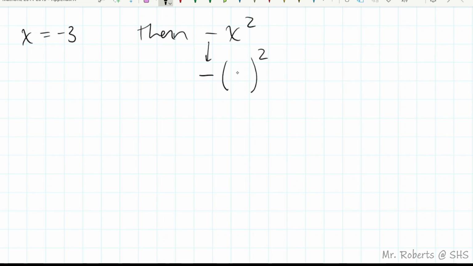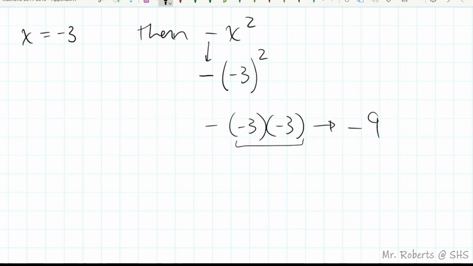What I'm going to do is place negative 3 inside of there. So what I'm looking at right now is the opposite of a negative 3 times another negative 3. Negative 3 times negative 3 is positive 9. So what I'm looking at is the opposite of 9. So that's negative 9 also.